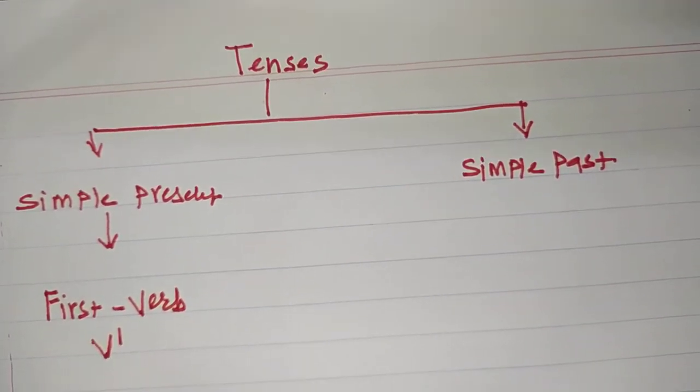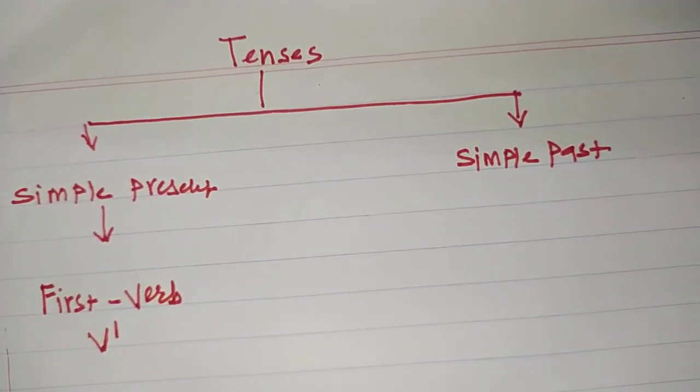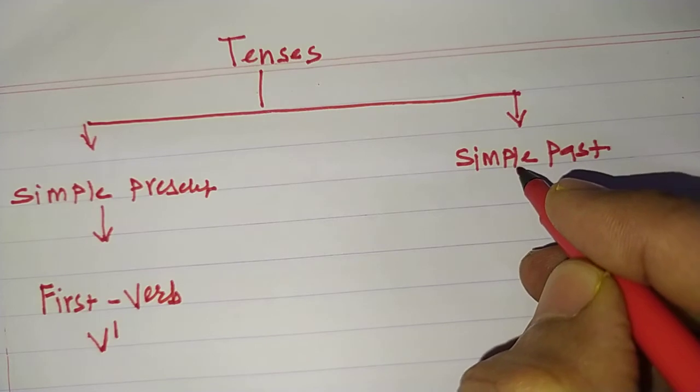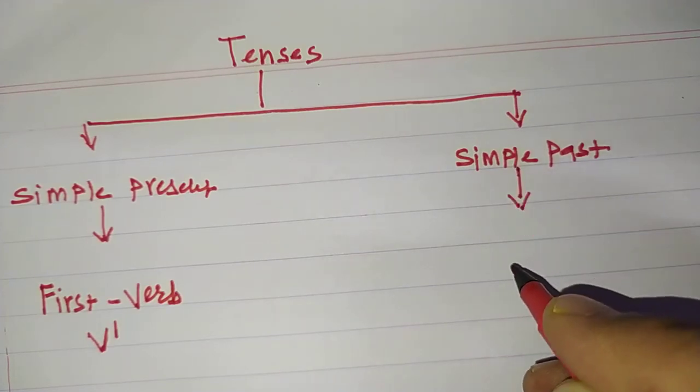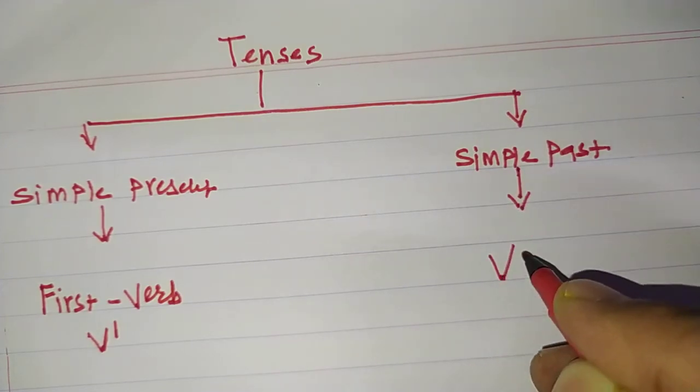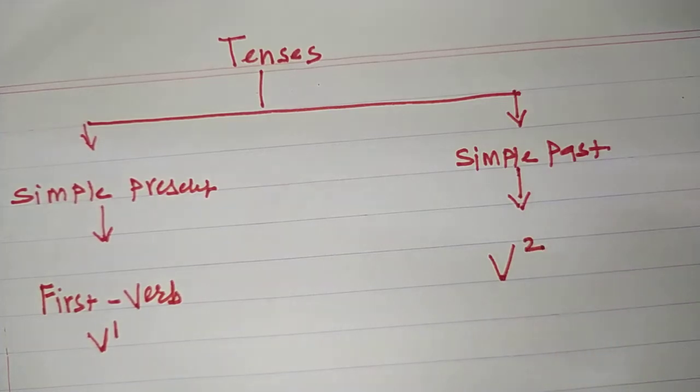V1 means first form of the verb. And in simple past, we write V2. That is the second form of the verb. This is the basic difference between simple present and simple past.